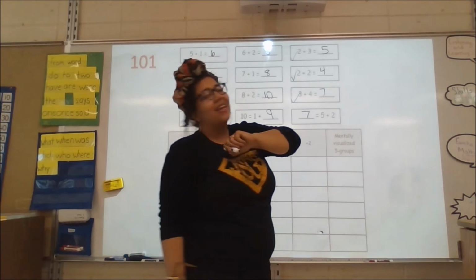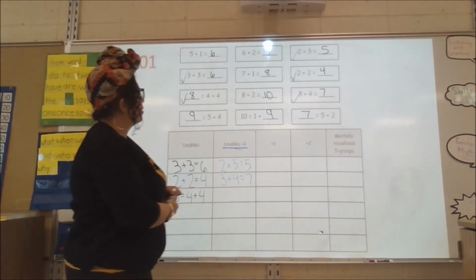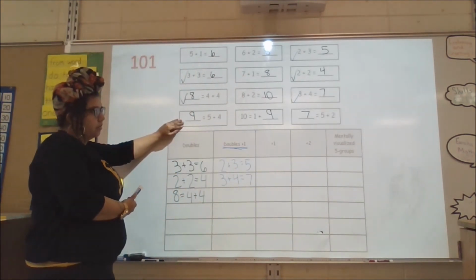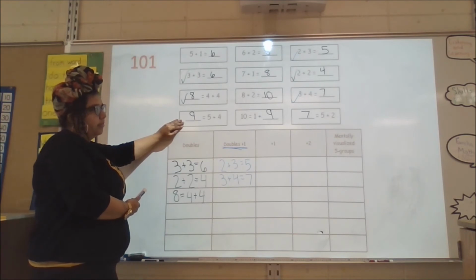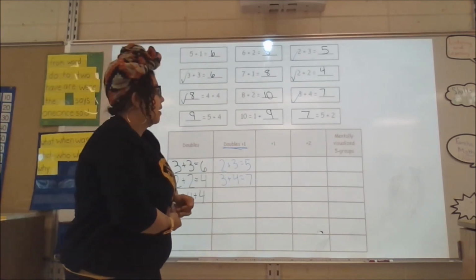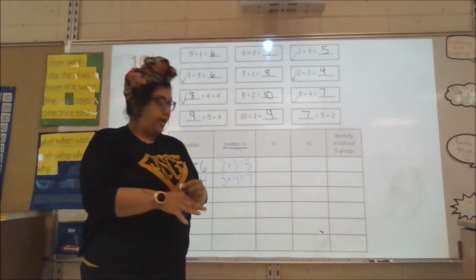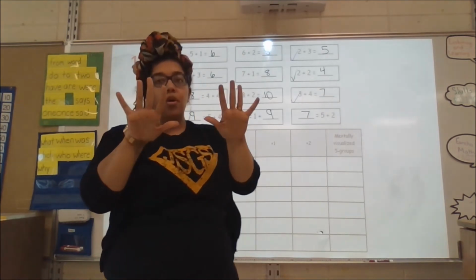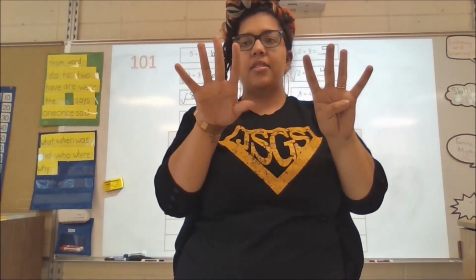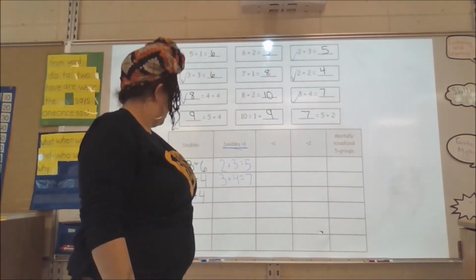So, check it off. Awesome sauce. Is this a double plus 1? Yeah. This time it is, so 5 and 4 is 4 and 4 plus 1 more. Good job.